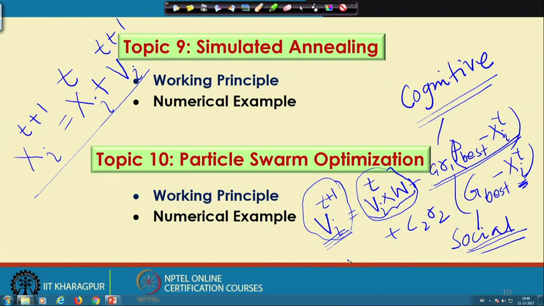For example, we have already mentioned that the genetic algorithm is a very powerful tool for global optimization, but its local search capability is poor. On the other hand, particle swarm optimization is a very efficient tool for both global as well as local search. So, particle swarm optimization is superior.